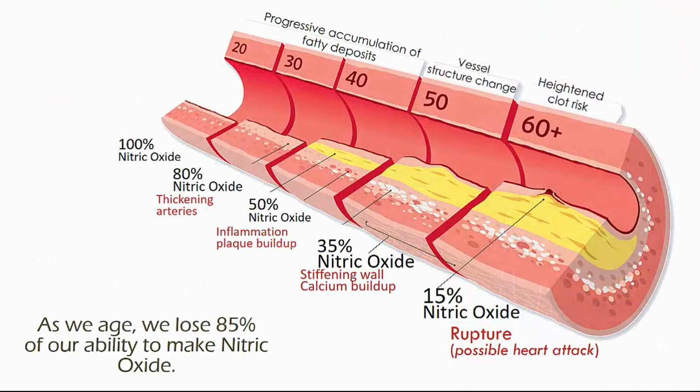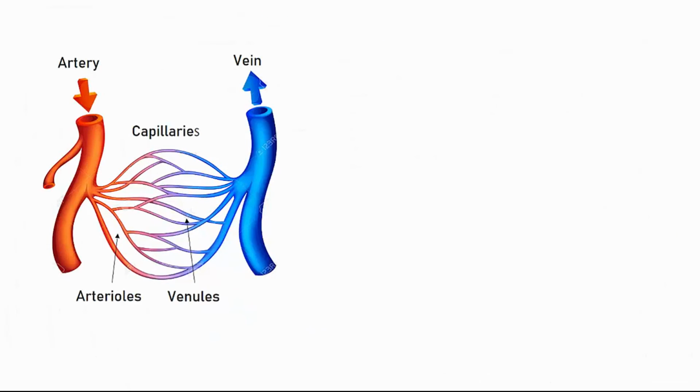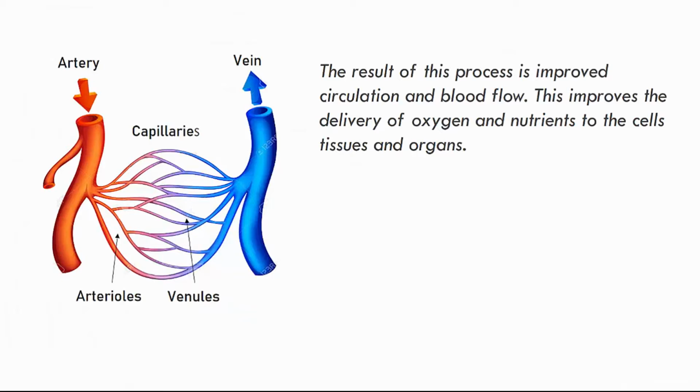Nitric oxide, when at sufficient levels in the bloodstream, can initiate reparative mechanisms to heal damage done to the endothelium. Current research indicates that nitric oxide can help to reverse plaque formations, which can return the endothelium in the vascular wall to a supple and healthy state. The result of this process is improved circulation and blood flow.